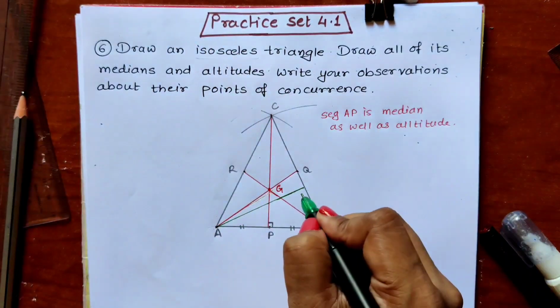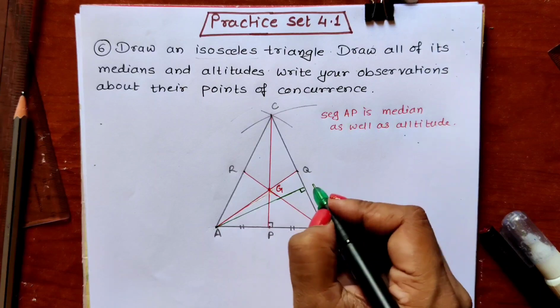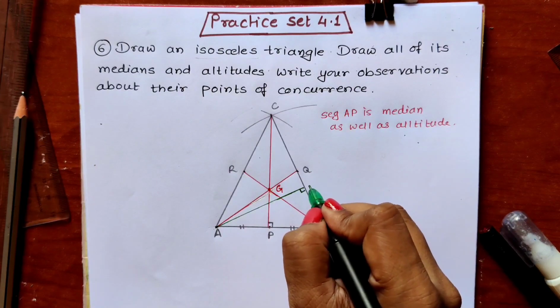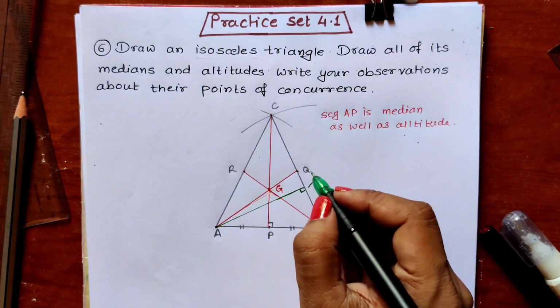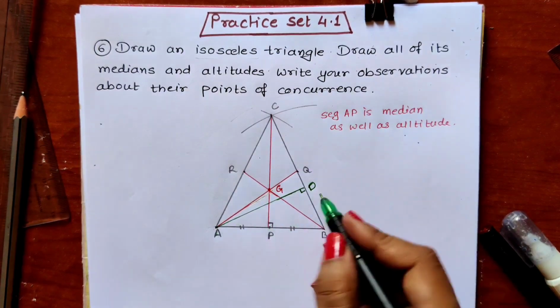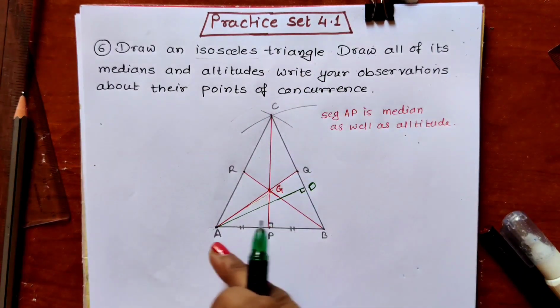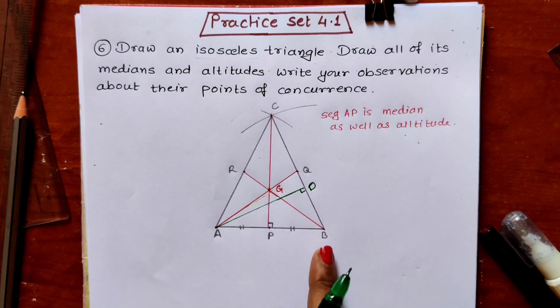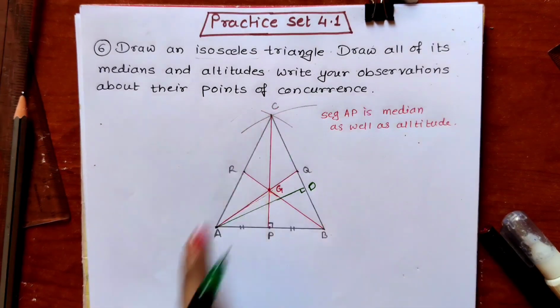So in this way I have drawn the second altitude, which can be given any name. PQR is given here, so point D. So AD will be the second altitude. The first altitude is CP, AD is the second. Now we will be drawing the third altitude from vertex B on its opposite side AC.